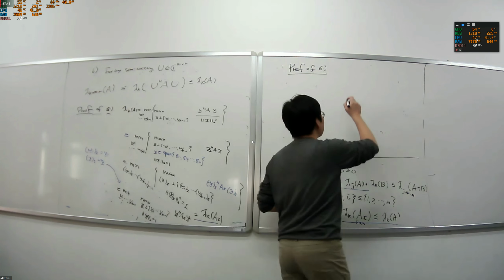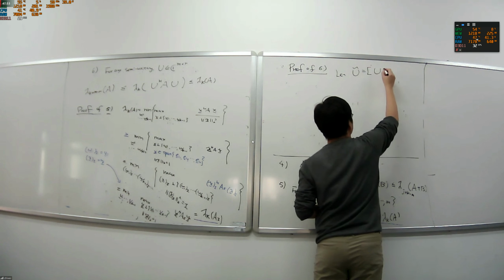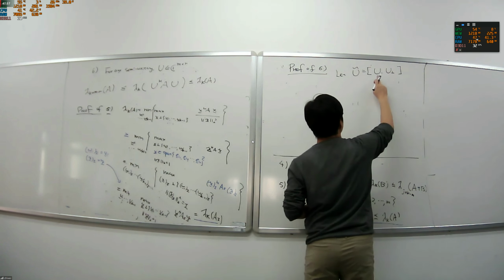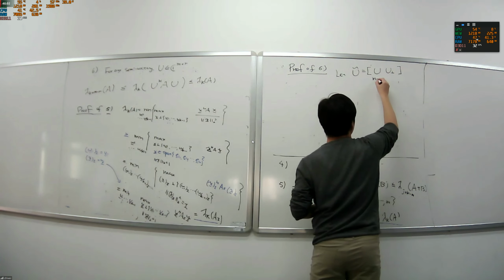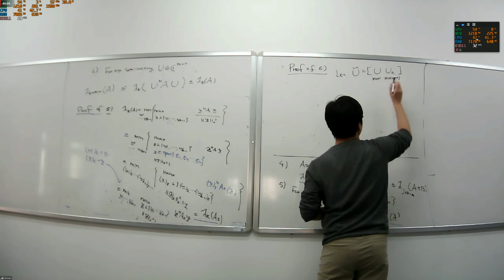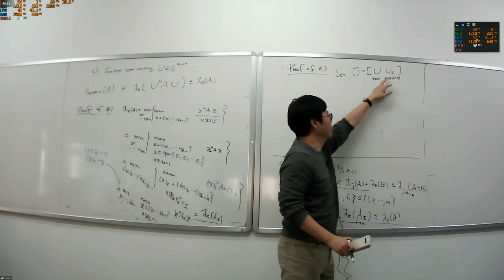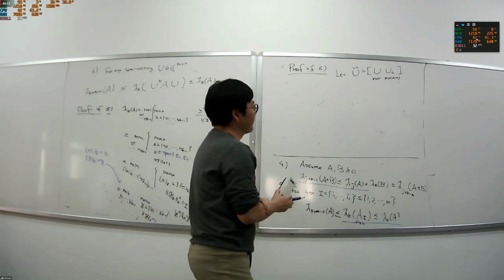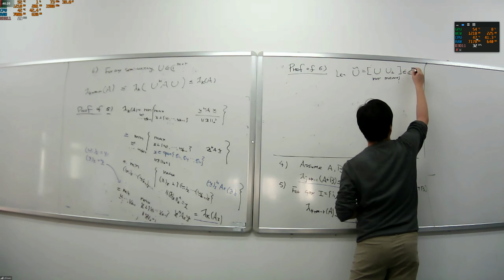Now U tilde is U and U perp, where U is M by R and U perp is M by M minus R. So U is semi-unitary. We can always find a U perp, which spans the orthogonal component of U, such that U tilde is unitary.